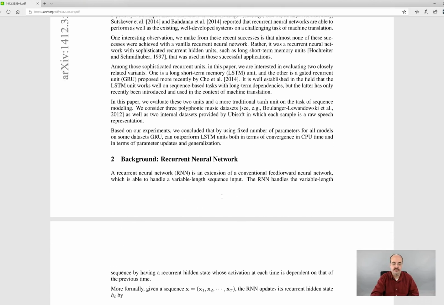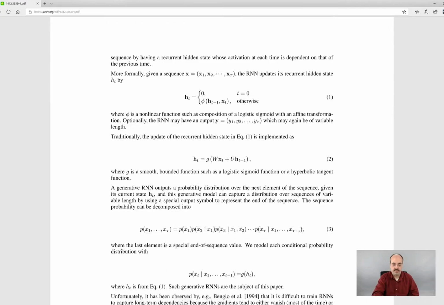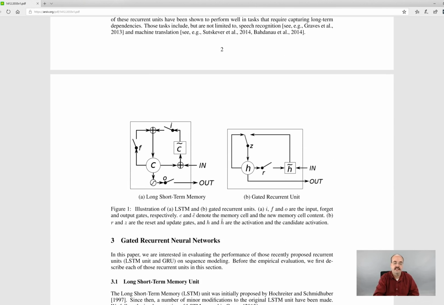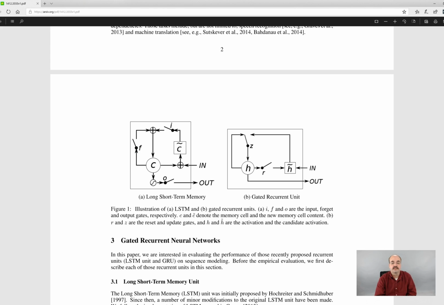So if we look through the paper, the part that I want to show you that is particularly interesting is you have here the LSTM that we just looked at with its gates. You can see the input gate up at the top, the F gate there, and the output gate there. So you have 3 gates.